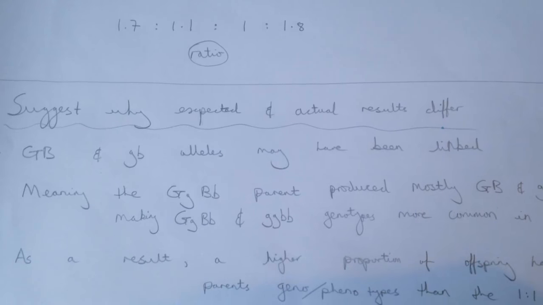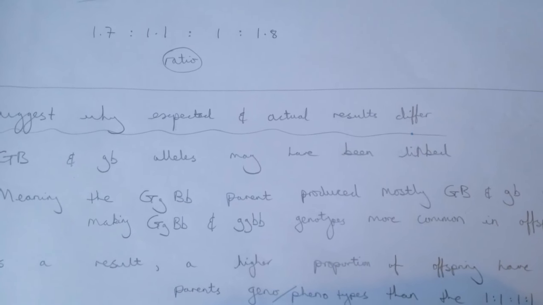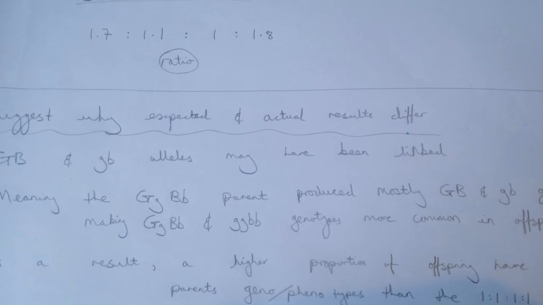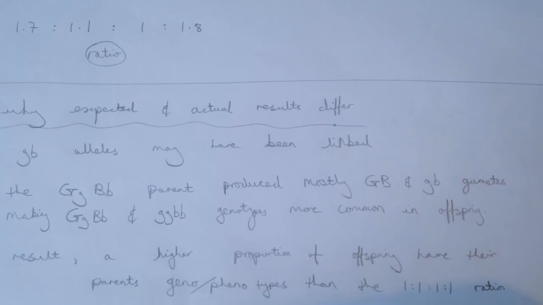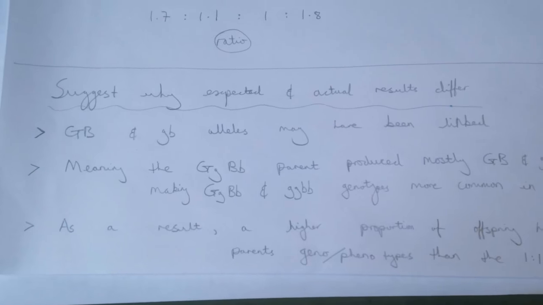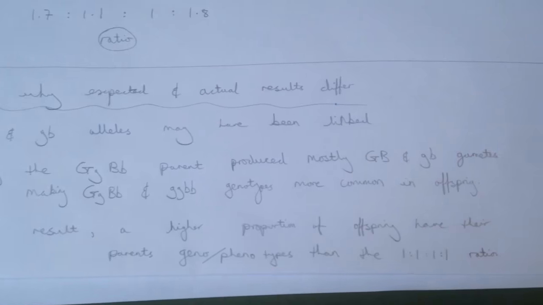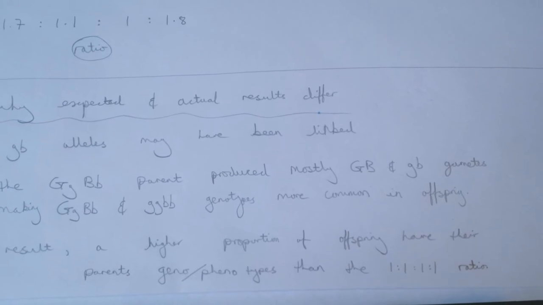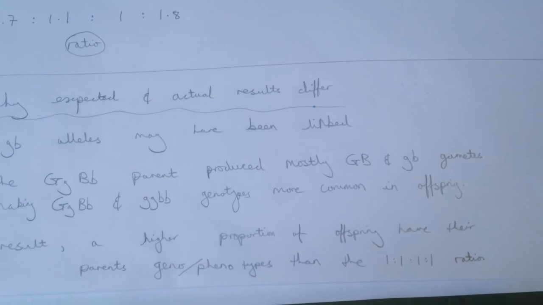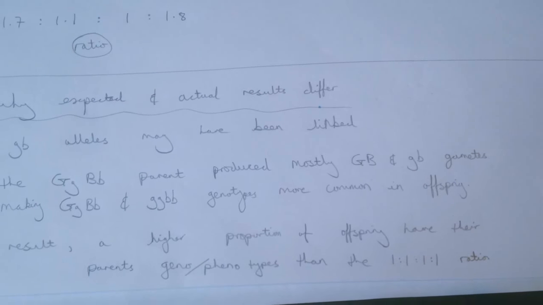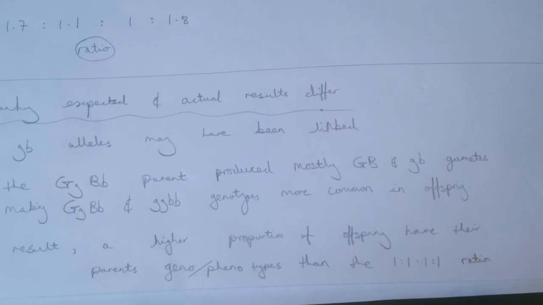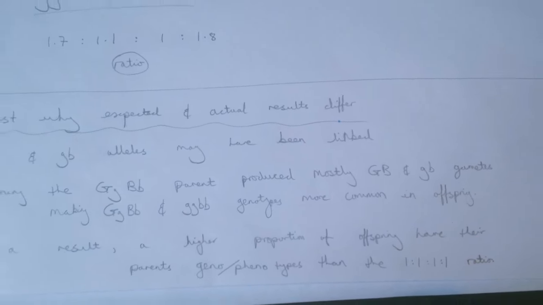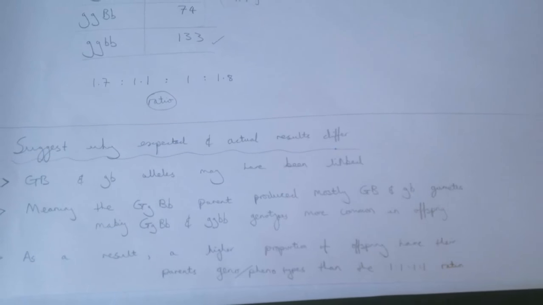Making big G, big B, little b, and homozygous recessive genotypes more common in offspring. As a result, a higher proportion of offspring have their parents' genotypes and phenotypes than the 1:1:1:1 expected ratio, given no autosomal linkage took place. So that is fairly standard.